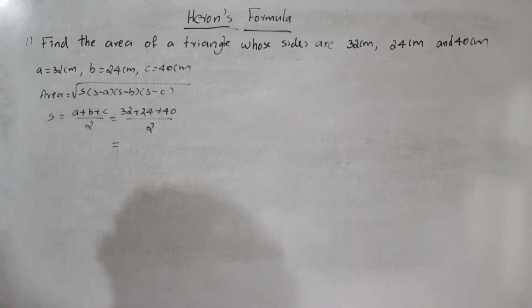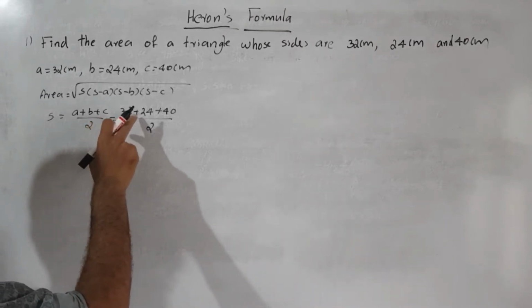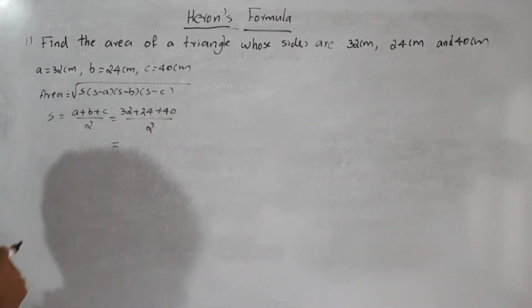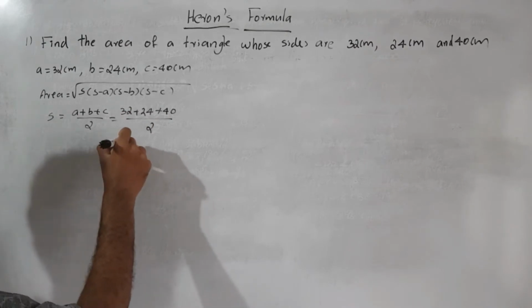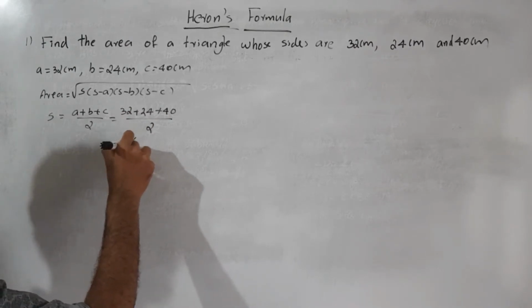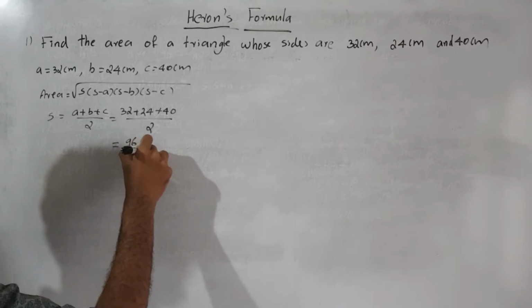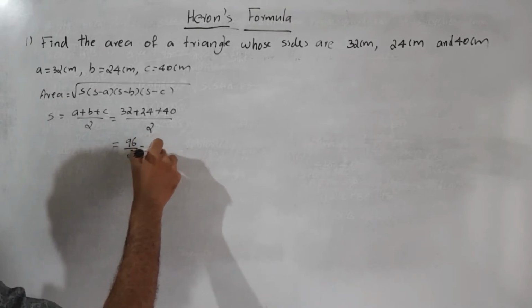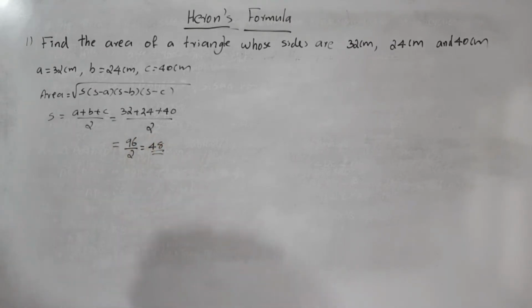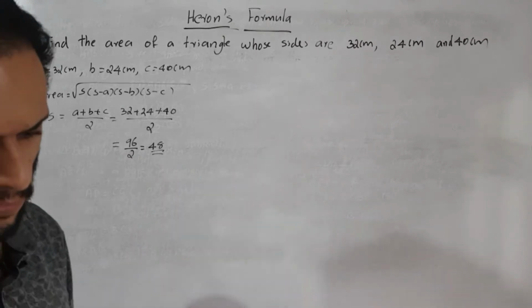What is 32 plus 24? Yes, 56. 56 plus 40 is 96. 96 by 2 is equal to 48.